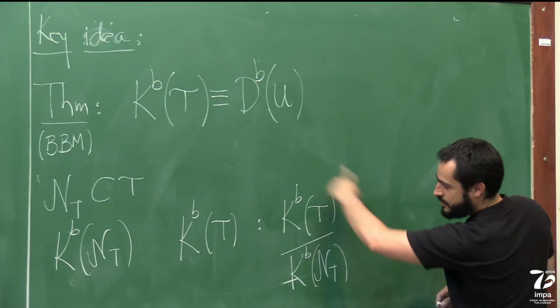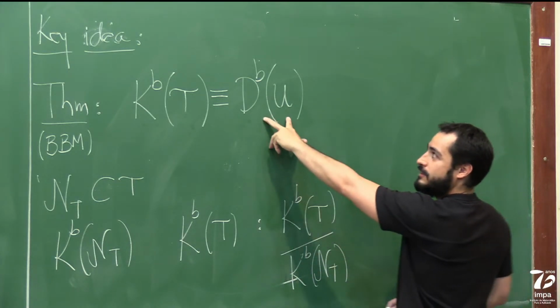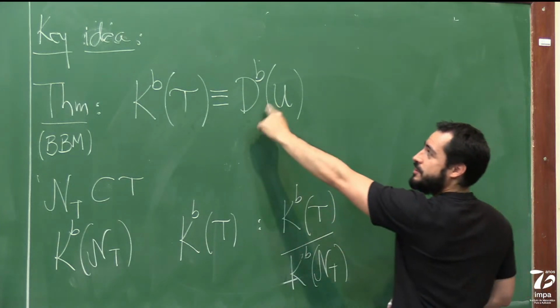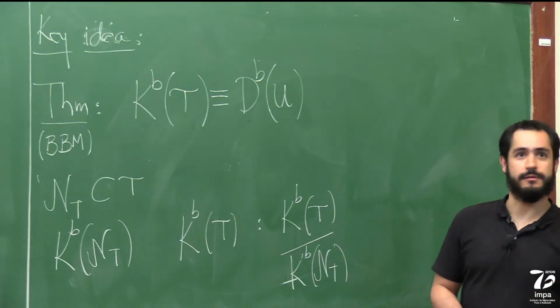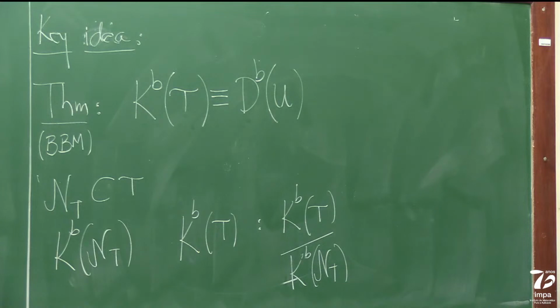The advantage of this quotient is now I can change this K^b(T) to D^b(U). And then I want to replace this guy with something more intrinsic, depending just on the representation theory of my quantum group. So, some properties of this kind of quotients, to show you how I can erase tilting modules.